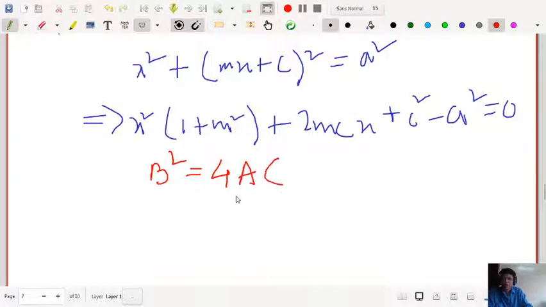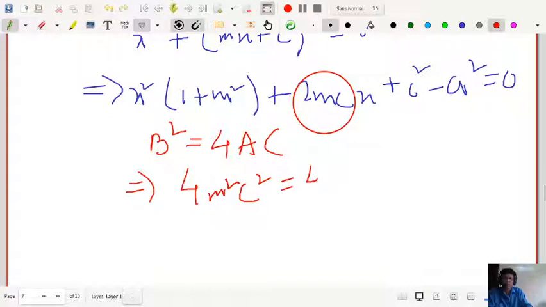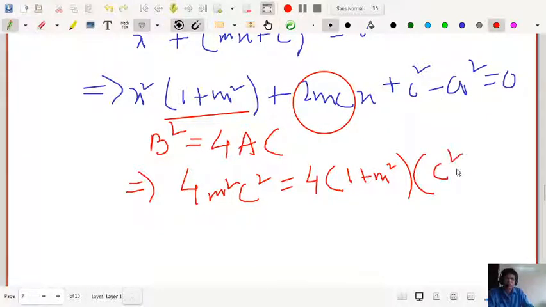So what is your b square? b is 2mc, so b square is 4m square c square. And 4 times a, which is 1 plus m square, and what is your c? c is the whole constant term, c square minus a square.